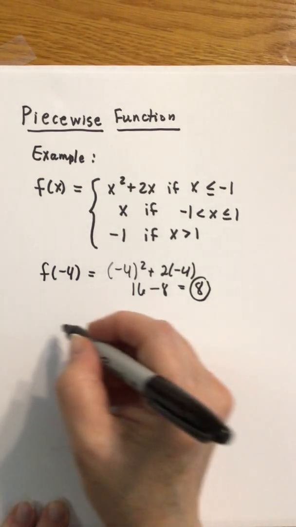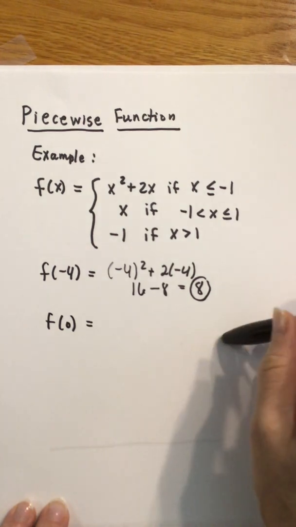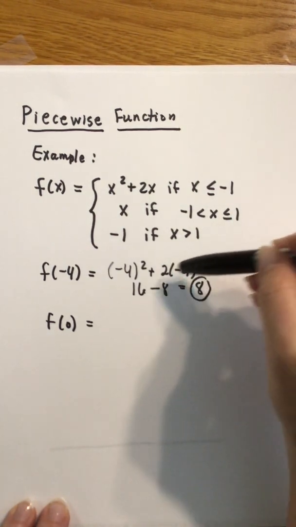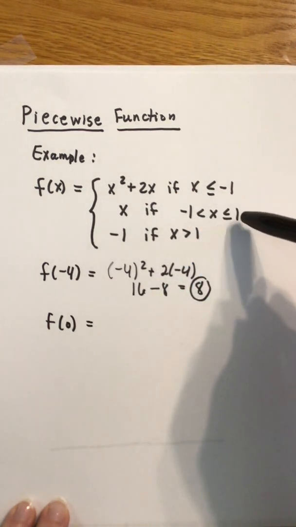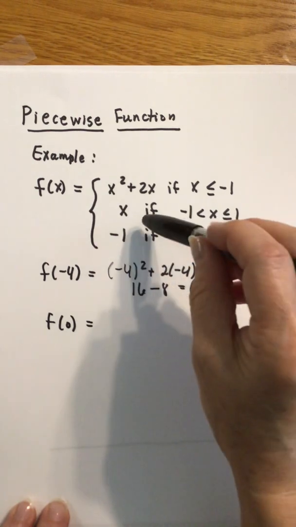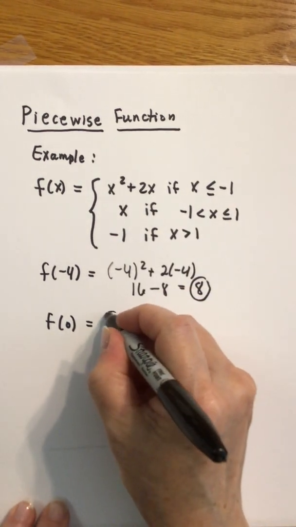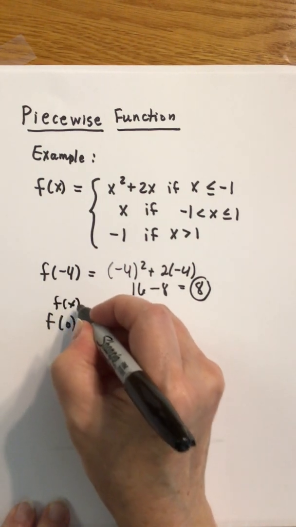All right, what would this one be? f of 0. We go back up to our piecewise function and find out where 0 is. Since 0 is between negative 1 and positive 1, it's going to be the same thing as x. So f of 0 is 0, because that was our x.